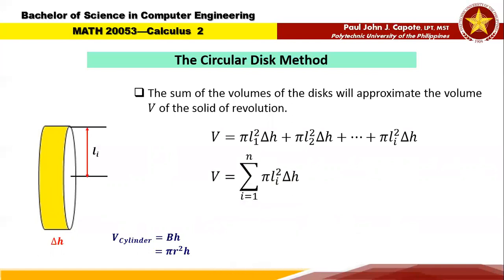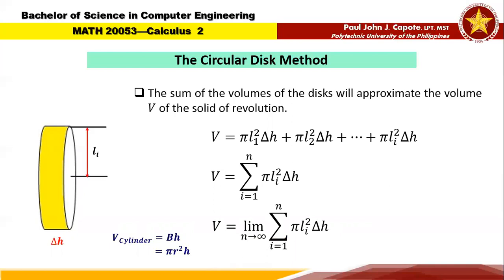This sum of volumes can be written in sigma notation. We have the volume equal to the sum of pi times L sub i squared times delta h, where i starts from 1 to n.